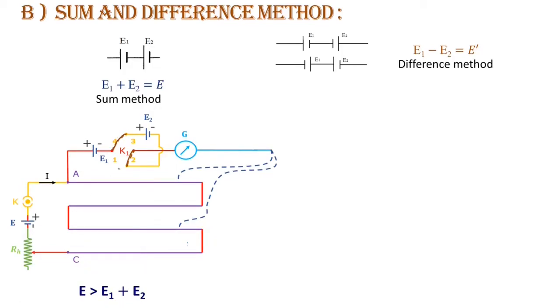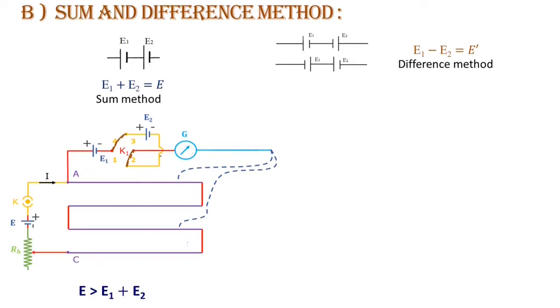When keys 4 and 2 are closed, the cells E1 and E2 are in the sum mode. Here the negative of E1 is connected to the positive of E2, and to this path the galvanometer is connected.